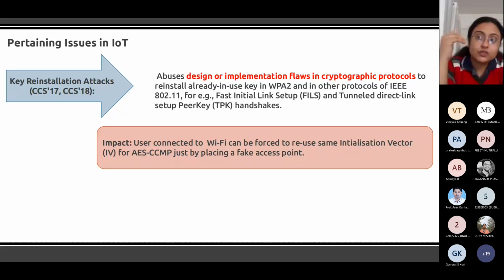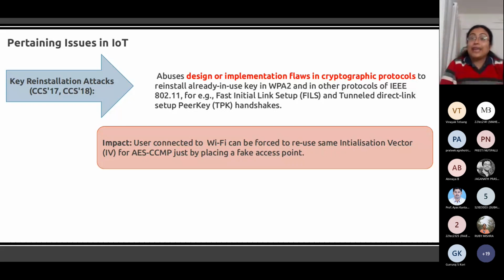Generally nowadays we use WPA2, and it has been found that you can abuse design or implementation flaws in the cryptographic protocol to reinstall an already in-use key in WPA2 and in other protocols of IEEE 802.11.